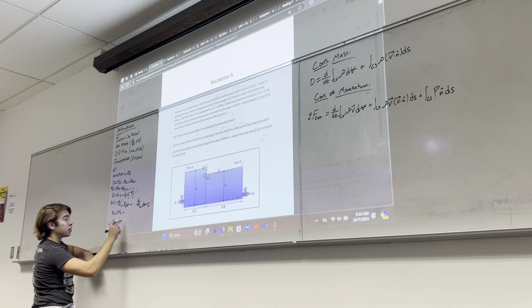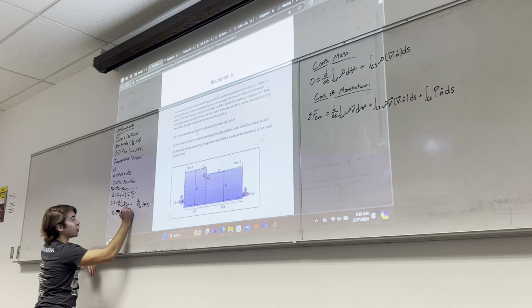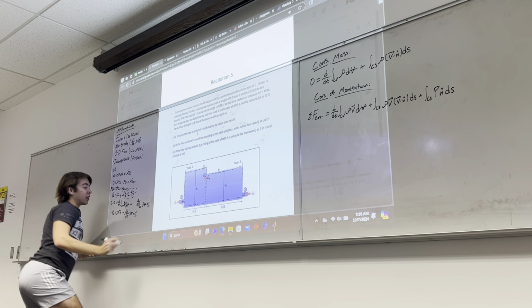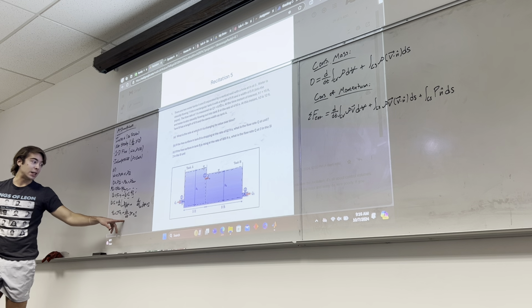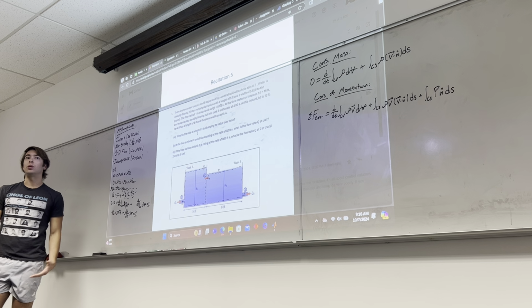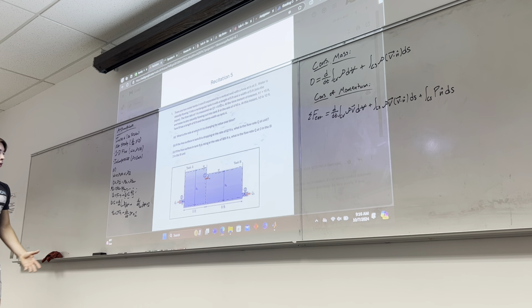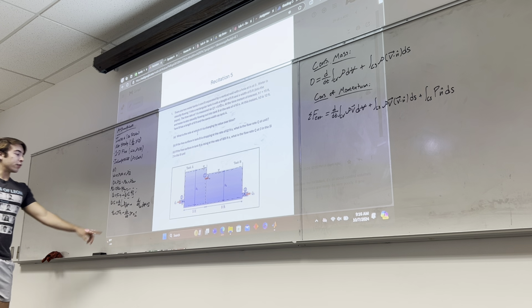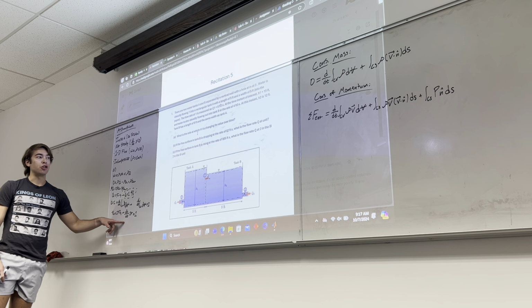So we take the derivative: 25 times dH1 over dt equals 1. A mathematician would get mad at me, but we don't care. Now this is literally the rate of change of H1 with respect to time, which is what we're finding.